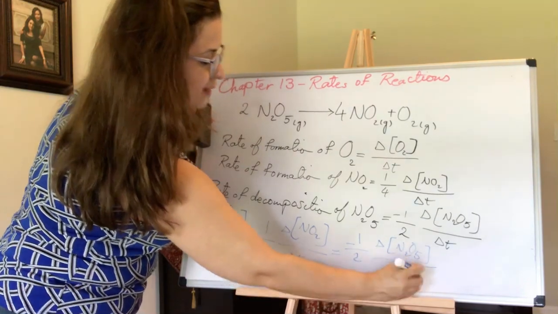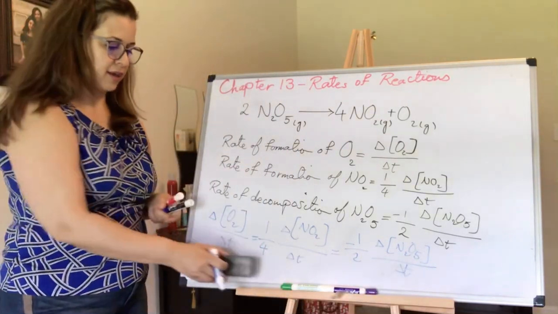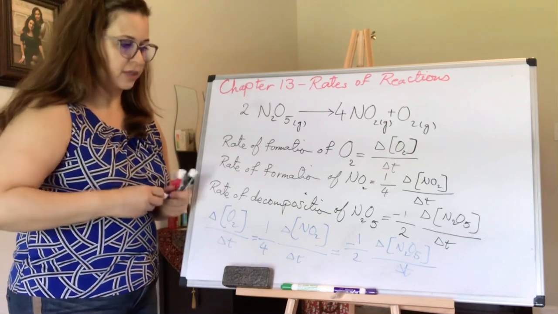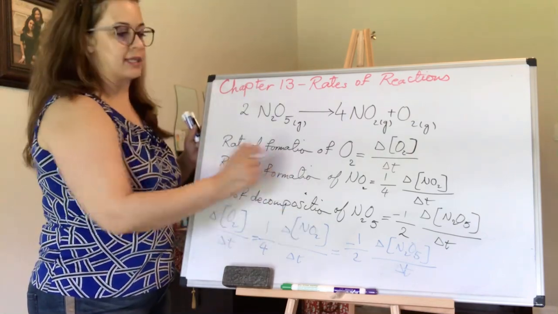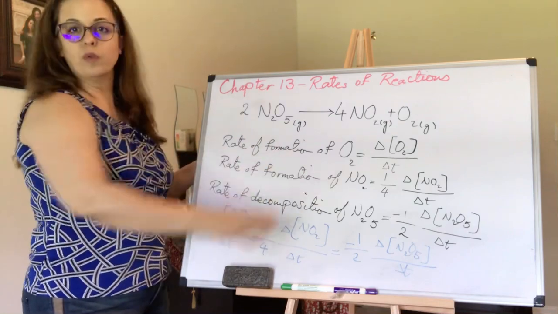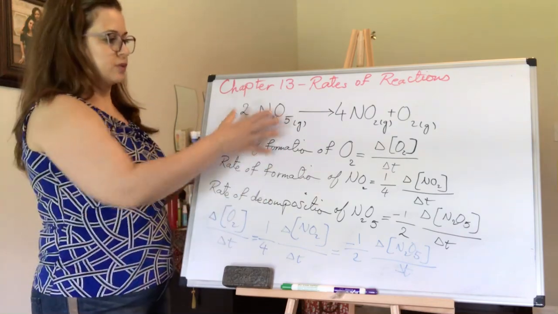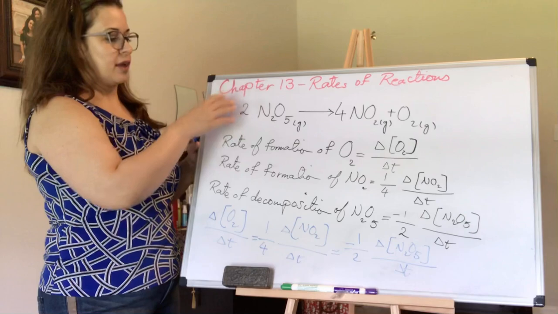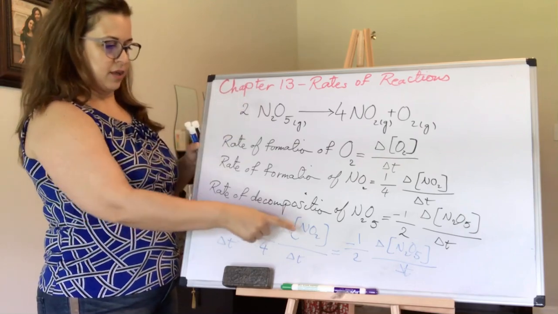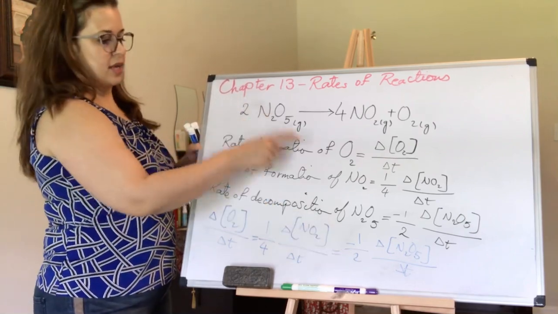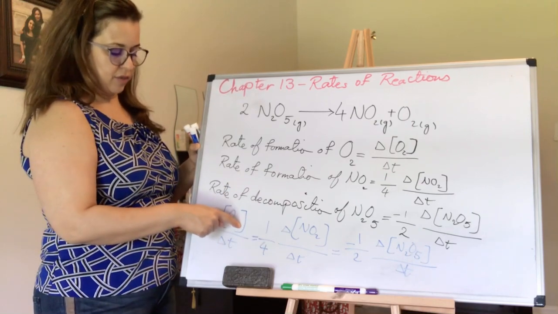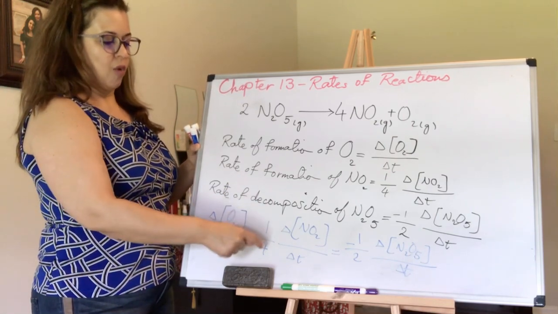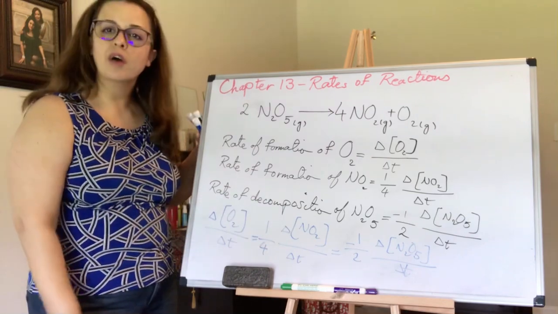Just by looking at the coefficients and inversing them, considering the product positive, reactant negative, they all will be equal to each other. So it shows that the rate of disappearing of N2O5, inverse of half of it, is equal to the formation of oxygen, and 1/4 of concentration of NO2.